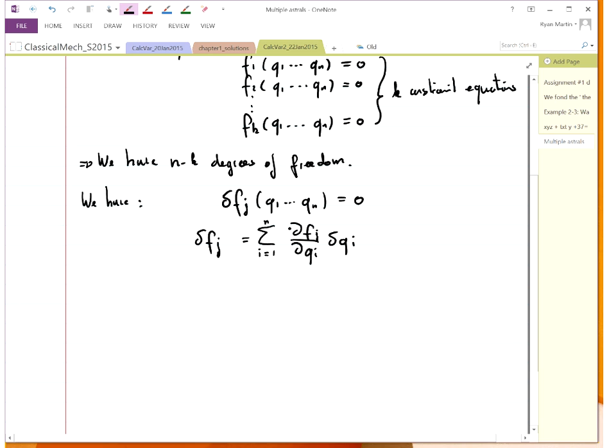So we have that all of the delta lowercase f's must be equal to 0. And then we also have delta capital F, which remember was the sum from i equals 1 to n of ∂F/∂qi delta qi. That must also equal 0.